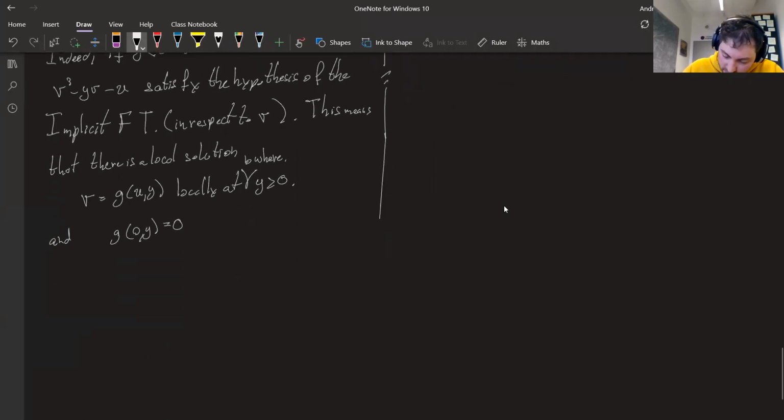Since g of 0, Y is equal to 0, we can write it as U times g tilde of U, Y. And therefore we can take V equals g tilde of U, Y as a function.